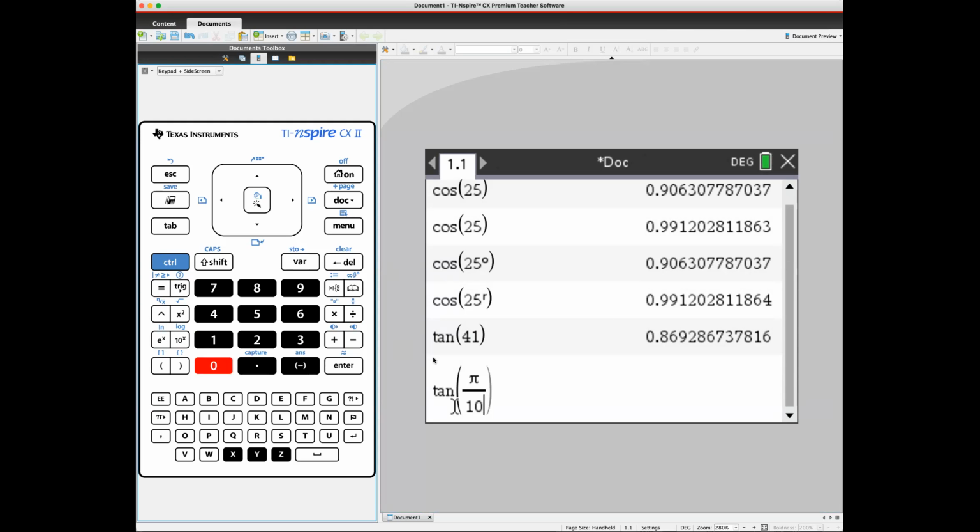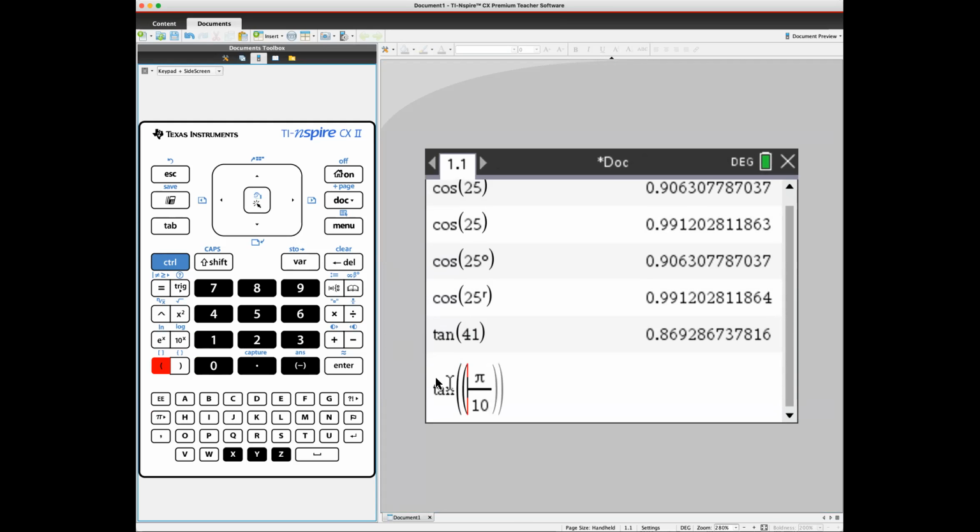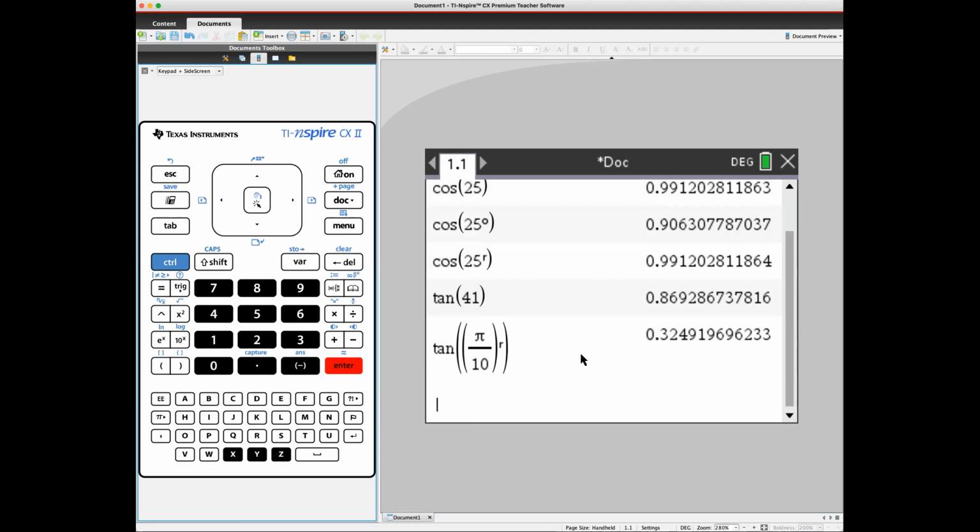And now I want the units to be in radians. Actually, I think it's helpful to have another set of parentheses and then go outside the set of parentheses for the angle. Now I can force the units to be in radians, and that makes the pi over 10 in radians. Right now I'm in degree mode, but I force the angle to be in radians. So that would be 0.325.